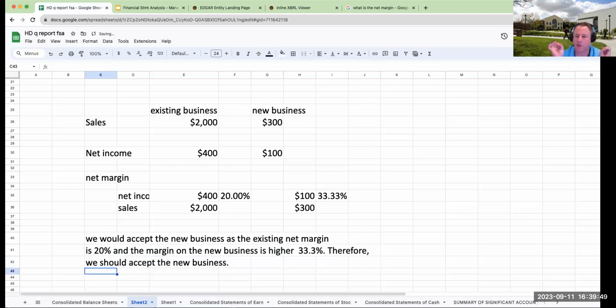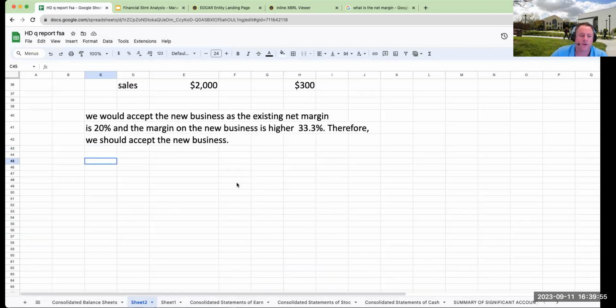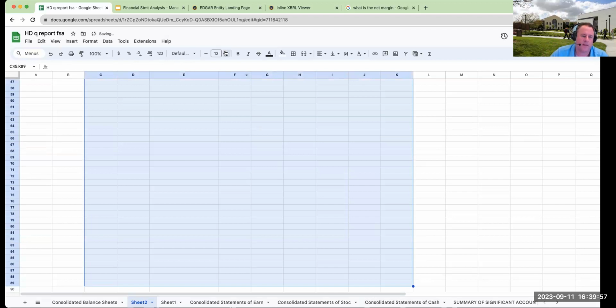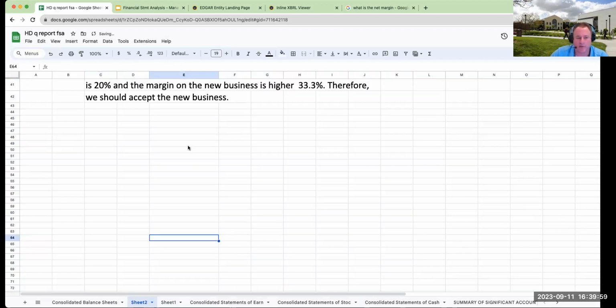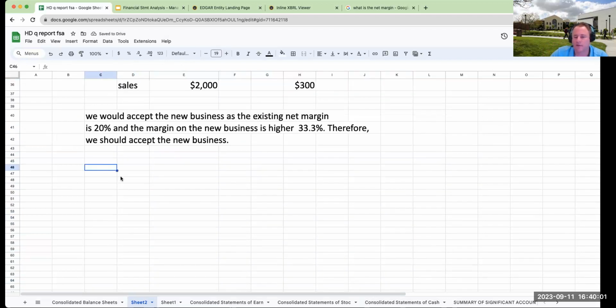So again, use the numbers to tell the story. It's really, really important as you're going through and doing this. Another example here, as we're going up and describing these things.